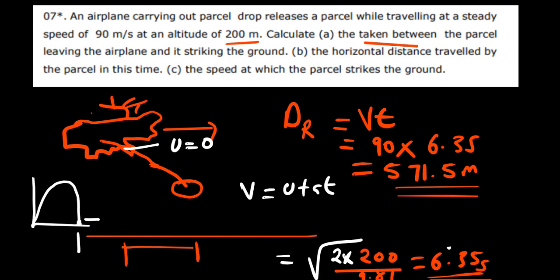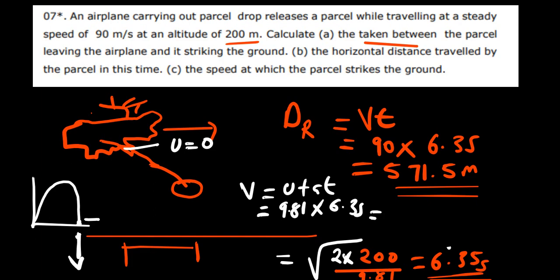Now what we have to find is the initial horizontal speed and the final vertical speed just before impact. For us to first find the vertical one, what are we going to have? This same formula. So our u is 0 when it's hitting the ground. Then our acceleration is 9.81 multiplied by the time, which is 6.35.